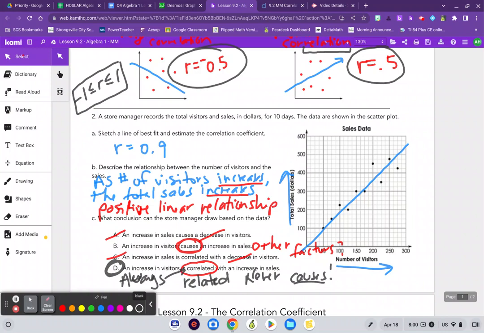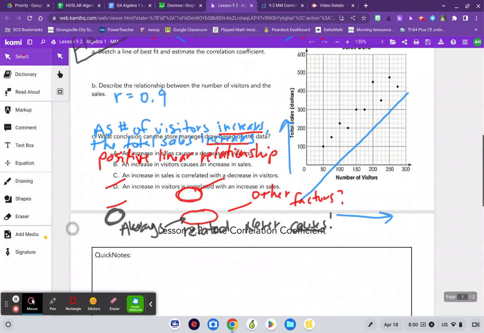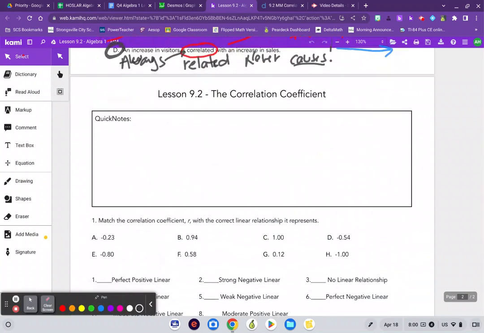And that might not be the only reason. It could be the season. Maybe it is seasonal, or maybe there was a sale, or maybe the sale was over. That's the problem, right? And so there are other factors that I think could play a role in this. So it's never causes. So let's go take some quick notes, okay?